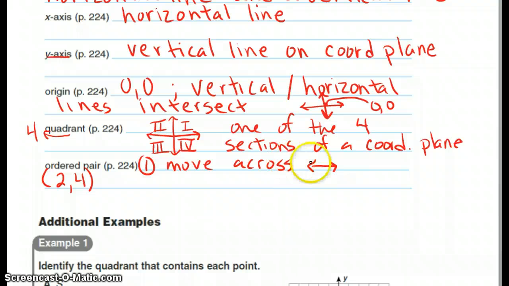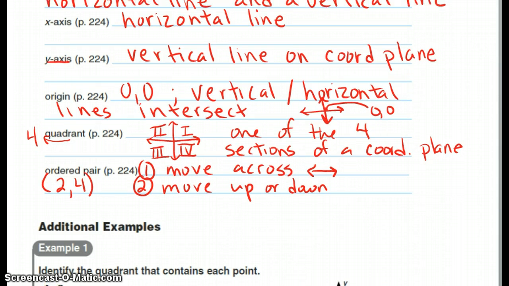Going to negative territory, we would move to the left. The second way we move is we move up or down. It's very important that you move the correct way or you'll land up on the wrong dot. Again, you can pause if you need to stop and copy these definitions.